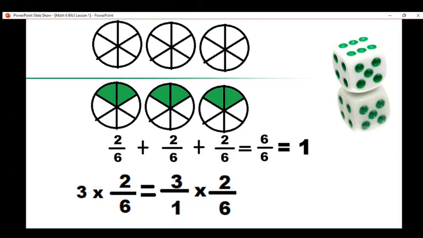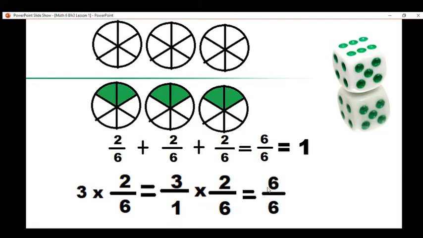In order for us to get the correct answer, we'll just multiply numerator to numerator, then denominator to denominator. Okay, 3 times 2 is 6, over 1 times 6, which is 6.